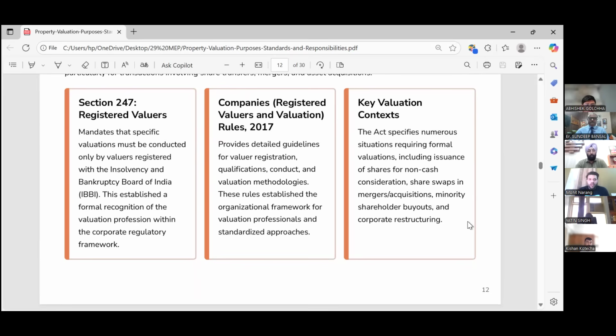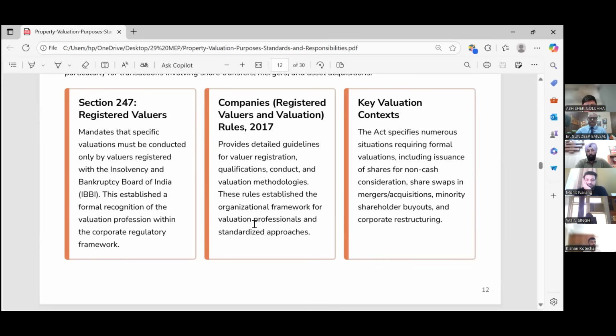So this establishes a formal recognition of the valuation profession within the corporate regulatory sector. Before the advent of this Companies Act, there was no government authority registering the valuers, and with the advent of Companies Act, under Section 247, the valuers are being registered with the IBBI.